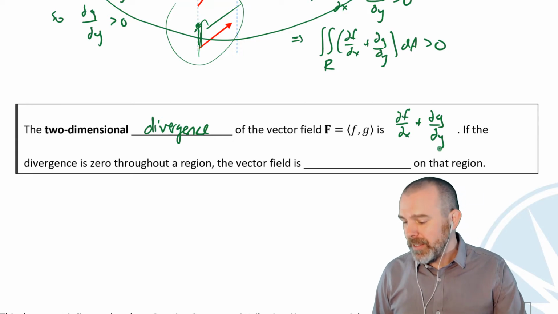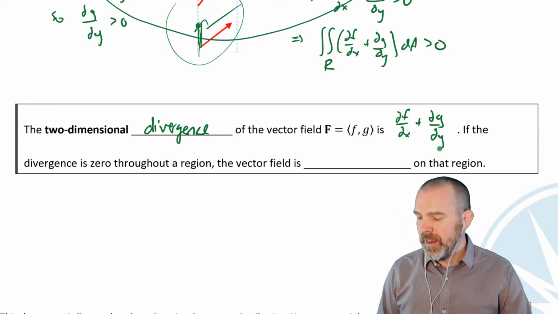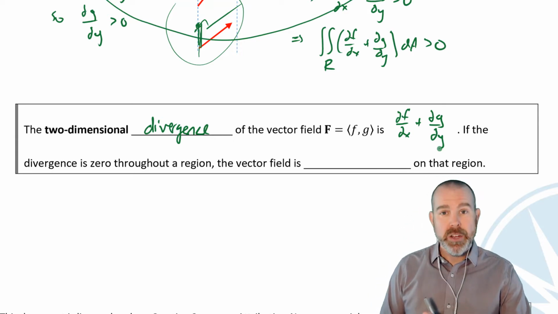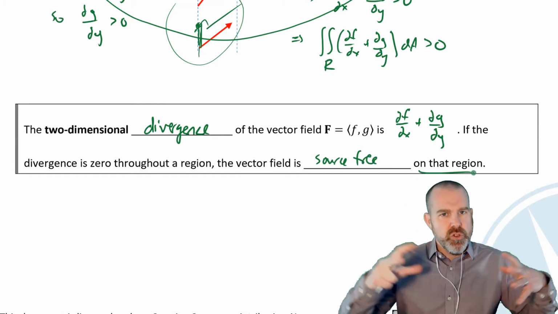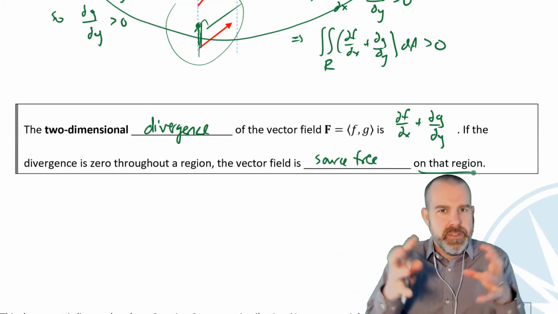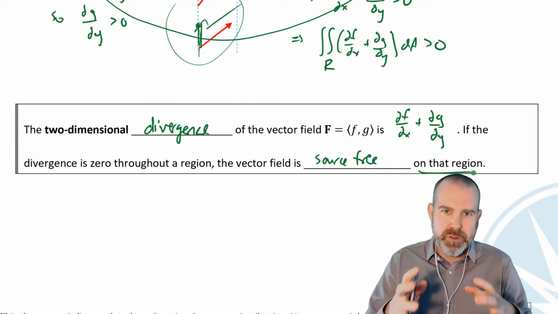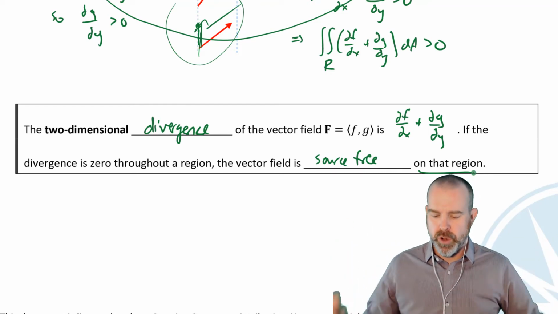But here's a little note: if that divergence happens to be 0, we say this vector field is source free on that region. So there's no net outward flux. Everything is going to stay inside that particular region. There's no net outward flow there.